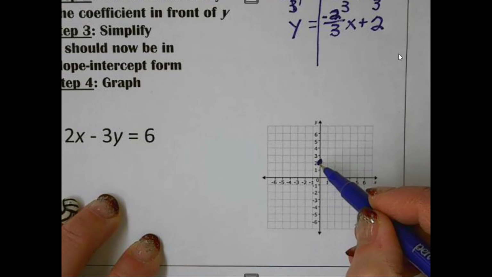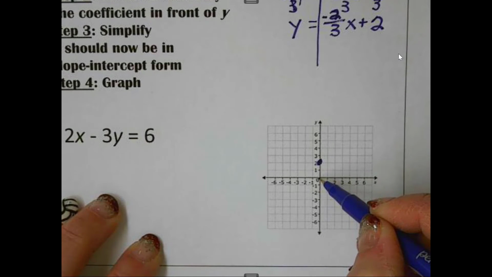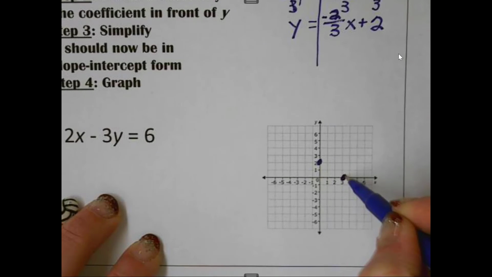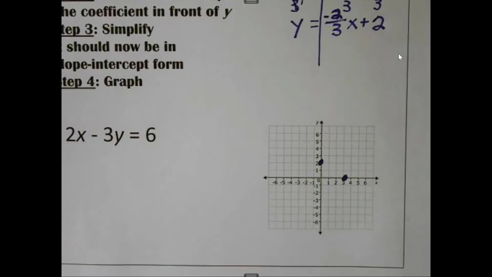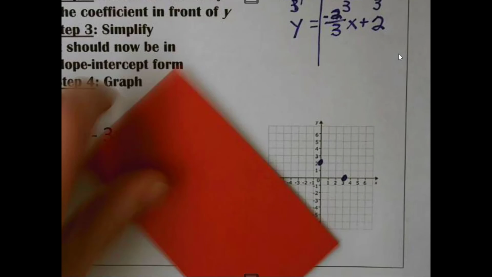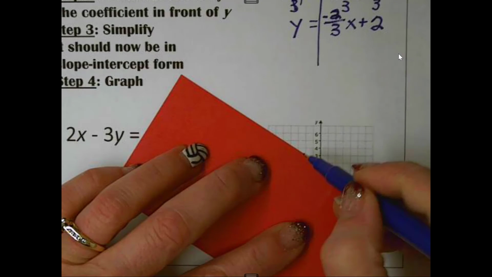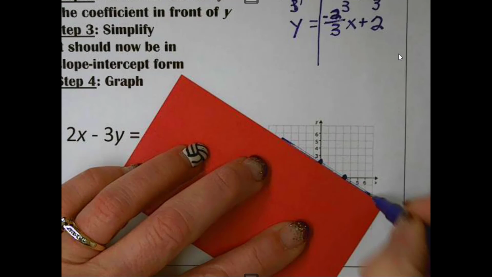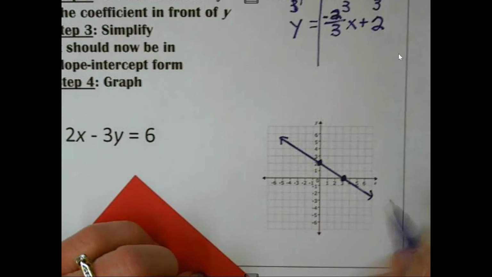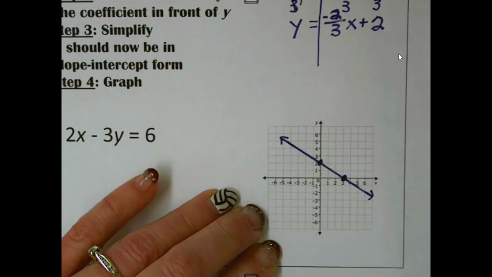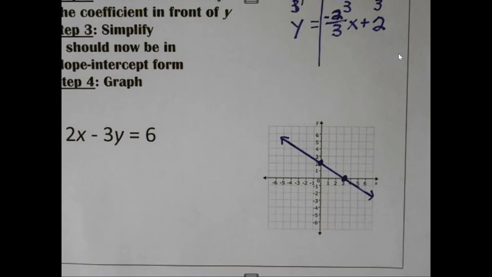It says negative 2 over 3, so I'm going to go down 2 and to the right 3. Then I draw a line through it, put a couple arrows, and that one is complete.